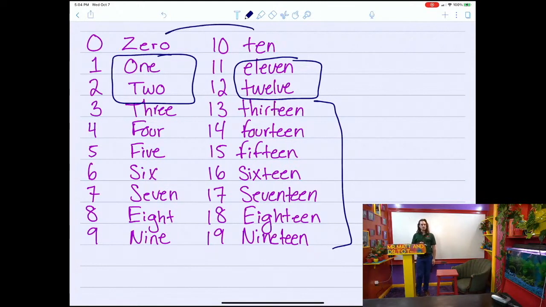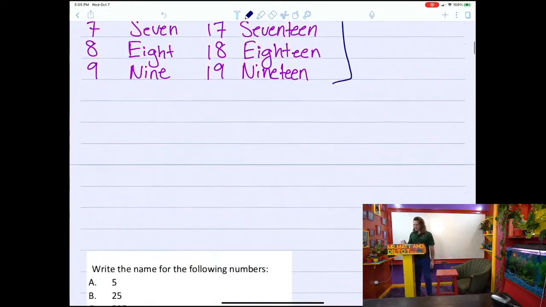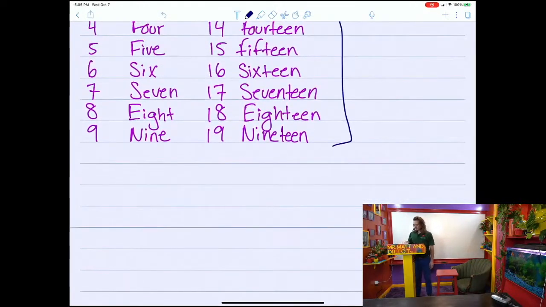So these are names that you do need to memorize. And then after 19, notice there's no hyphenation between 0 and technically 20, because 20 doesn't have a ones digit. But all values after 20 that have a tens and a ones digit require a hyphen. So then we went on to look at the multiples of 10.